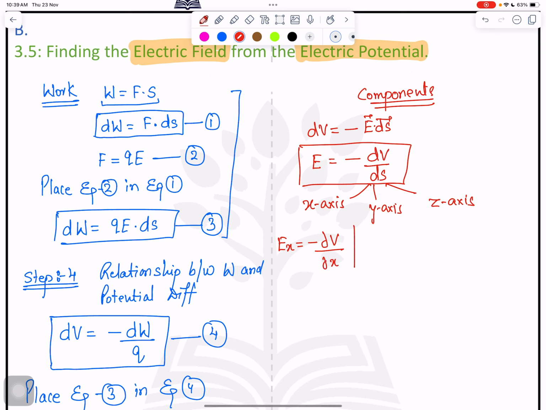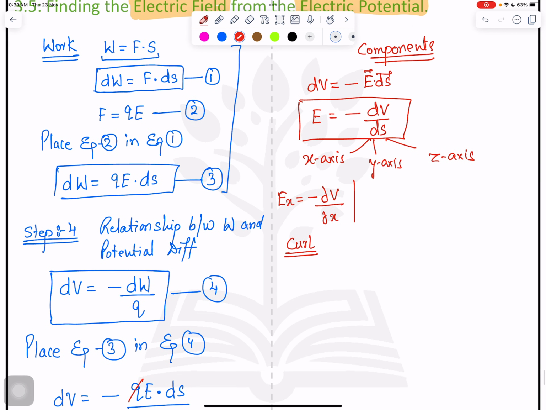Just remember, this is not the derivative, this is the partial, which means you solve only for x and the other variables remain the same. Here, Ey is equal to negative curl V over curl y, and here Ez is equal to negative curl V over curl z.